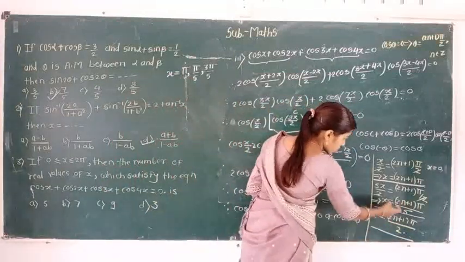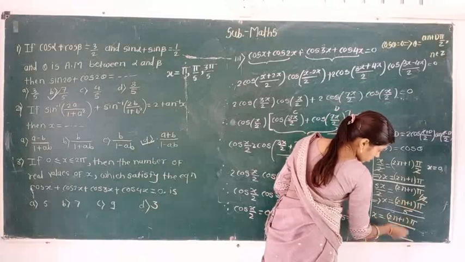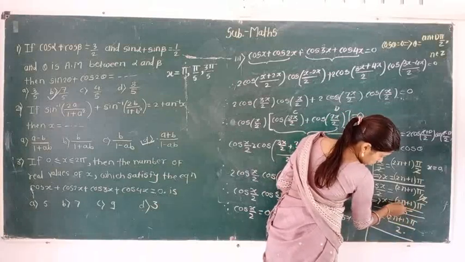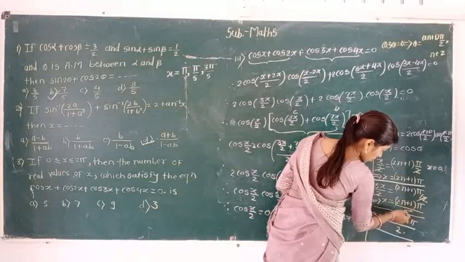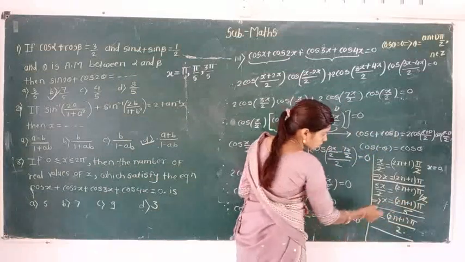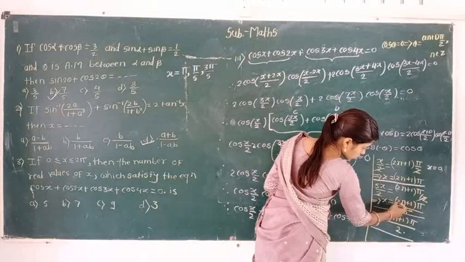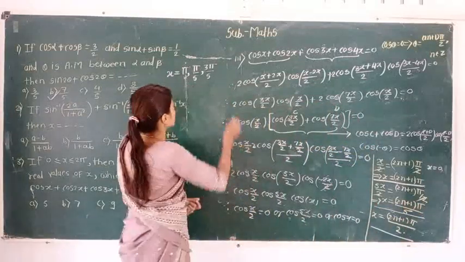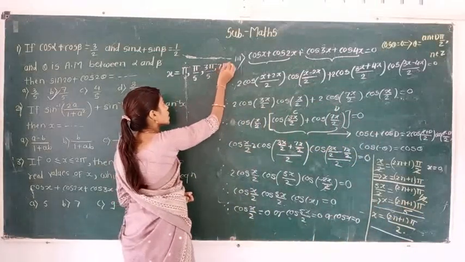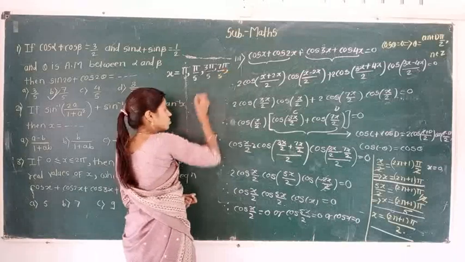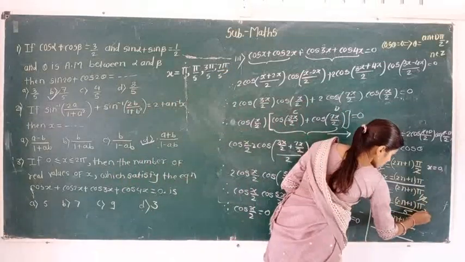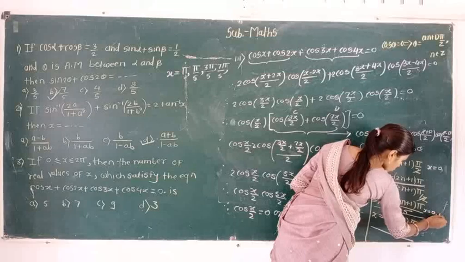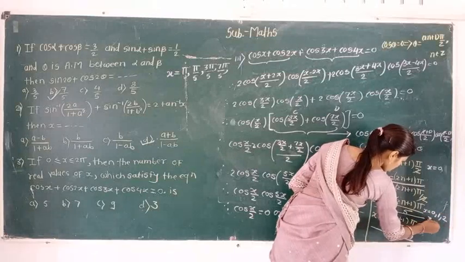Now see, in that case we have to put the value 3. 3 twos are 6, 6 plus 1, we get 7, so 7π divided by 5. Means here we can put n = 0, 1, 2, 3.